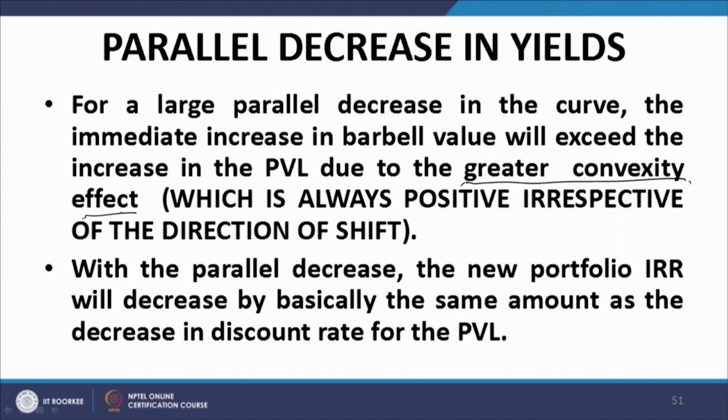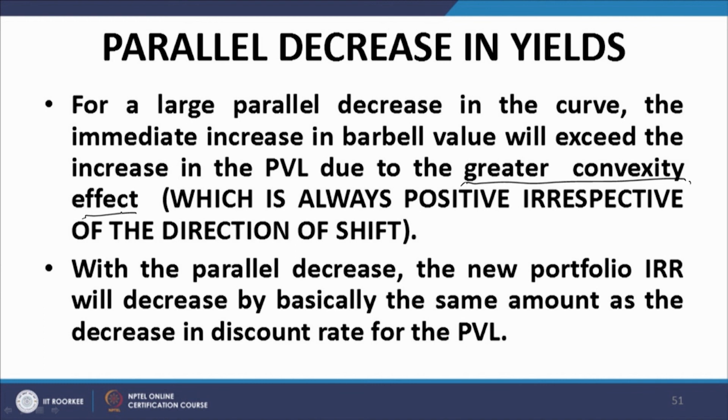Let me repeat, this is very important. For a large parallel decrease in the spot yield curve, the immediate increase in the barbell value will exceed the increase in the present value of liabilities. Why? Because the barbell's convexity is higher than the convexity of the bullet liability.